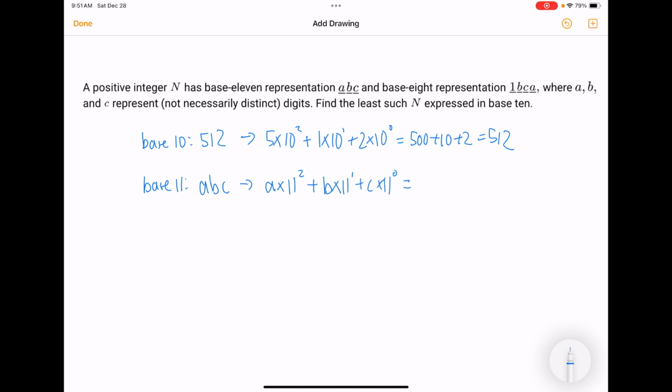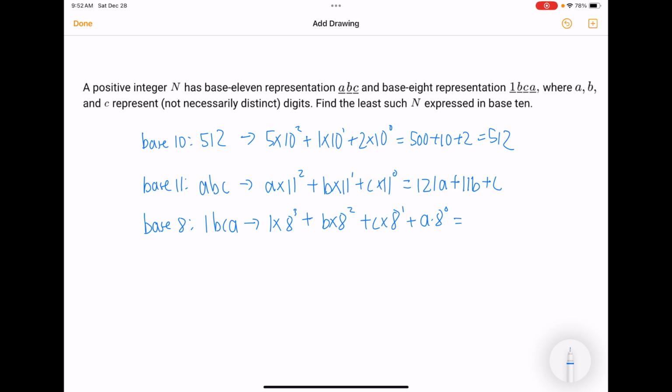So this would give us 121A plus 11B plus C. And then for base 8, we have 1BCA. So it'd be 1 times 8 to the third plus B times 8 to the second plus C times 8 to the first plus A times 8 to the 0th.